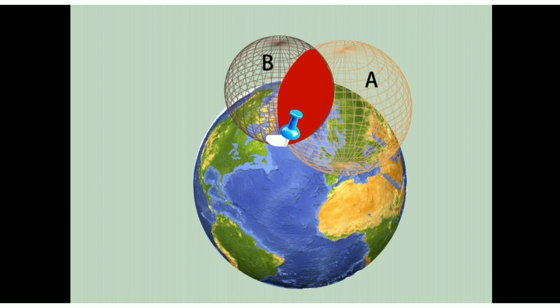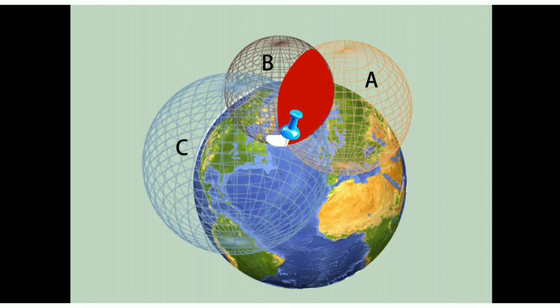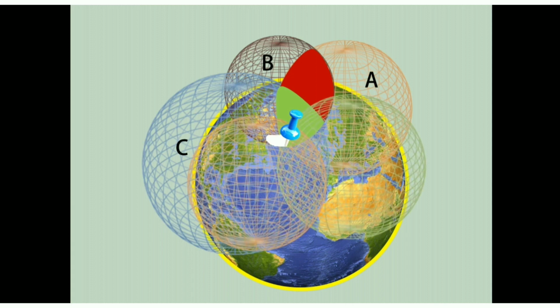Let's add circle C to make it easier for the satellites to track you, and the intersection points reduce to 2. Let's make one more circle as the Earth, as you are on the ground. The more satellites we use for tracking, the more accurate a position we can get.